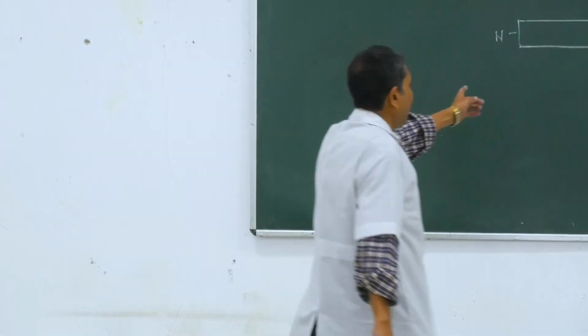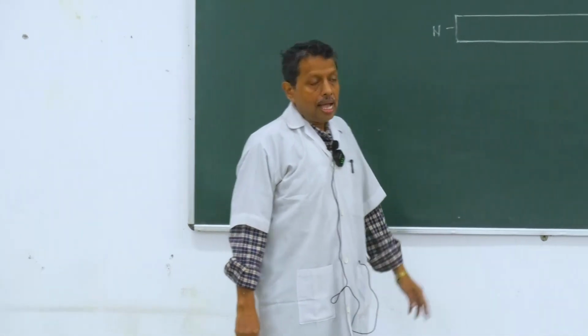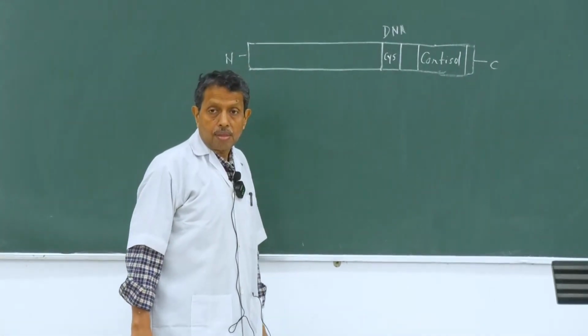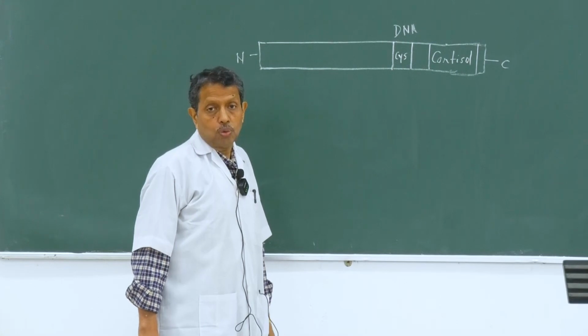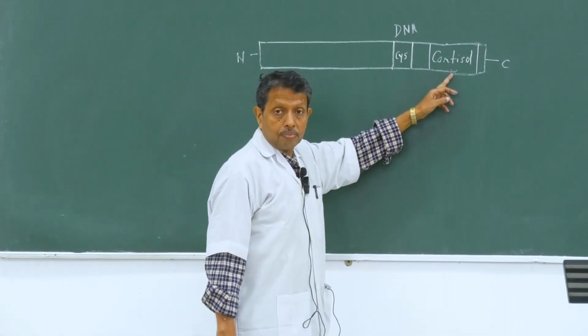This N terminal part is not so much conserved, it is variable, and the cysteine rich region binds with DNA, like a zinc finger.